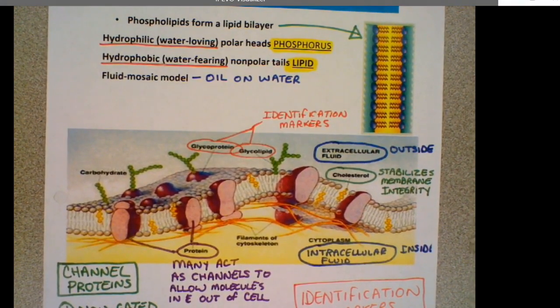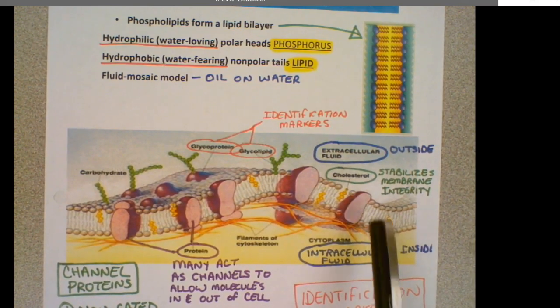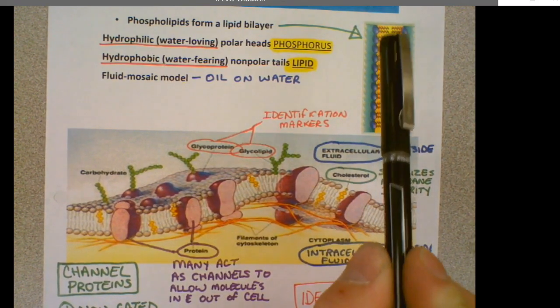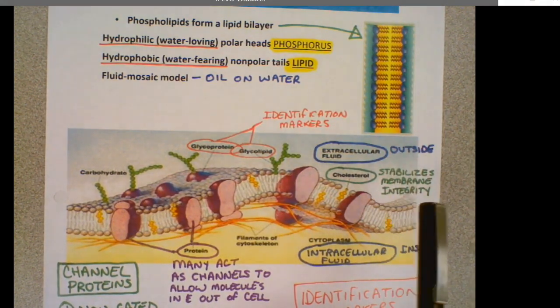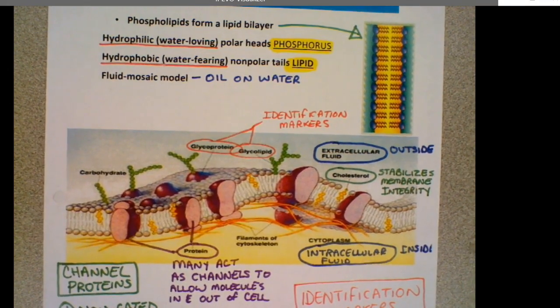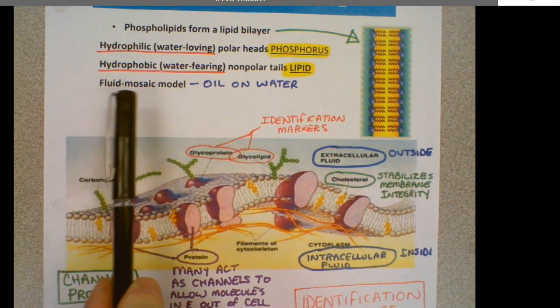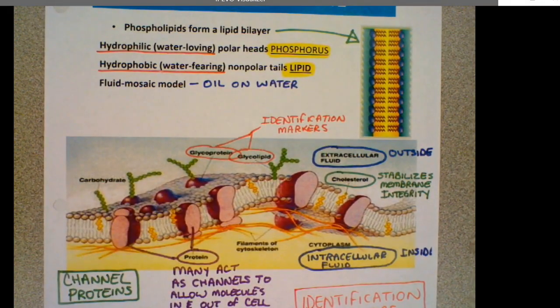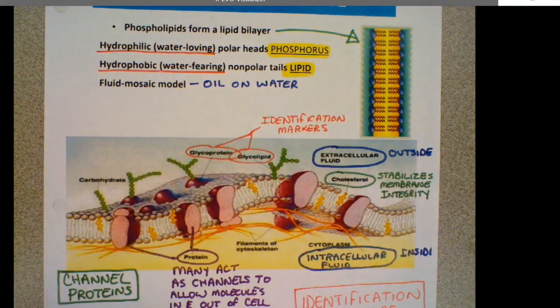Then we have cholesterol. Cholesterol is scattered throughout our phospholipid membrane, and that's going to be there to stabilize the membrane's integrity. It makes that membrane a little bit more rigid. We do say that the plasma membrane is a fluid mosaic model because those phospholipids can fold and roll and move over each other.